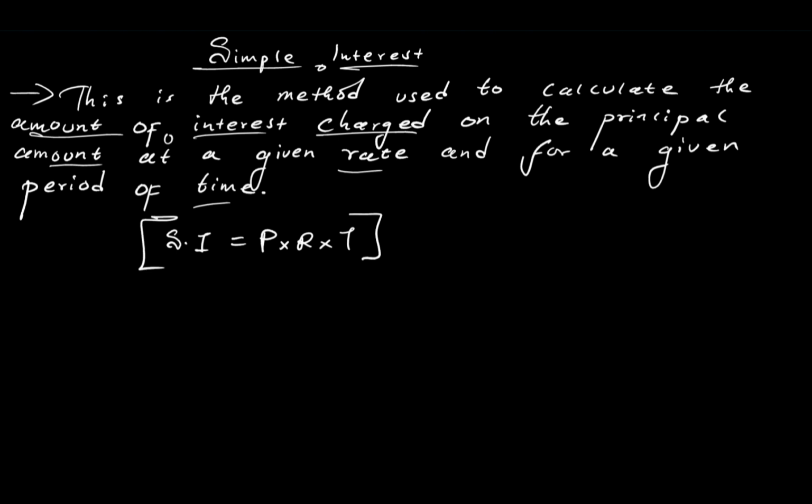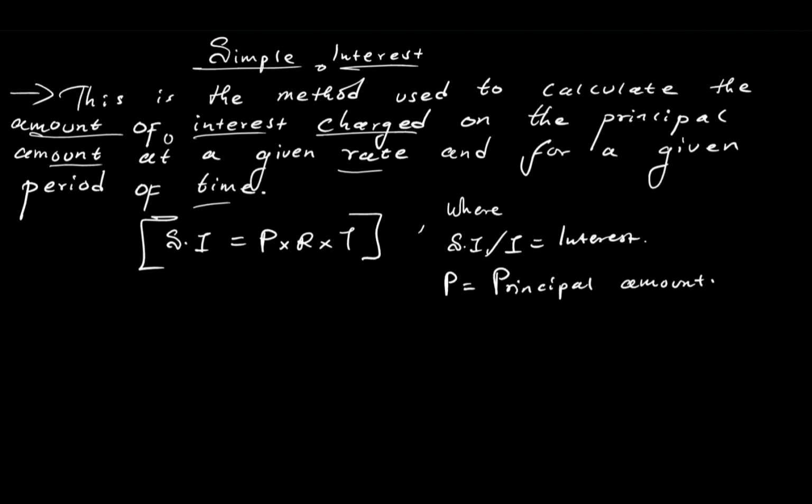Now we need to understand that in this case, where SI, or rather just I, is the interest, which is basically the simple interest, then P is equivalent to what is known as the principal amount, which is the amount invested or borrowed from the bank.